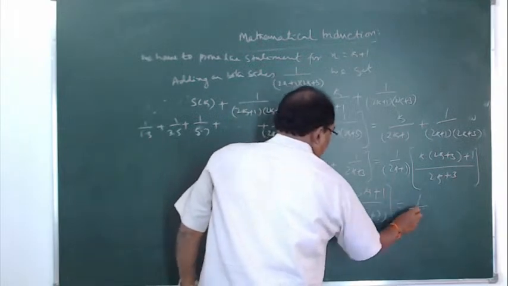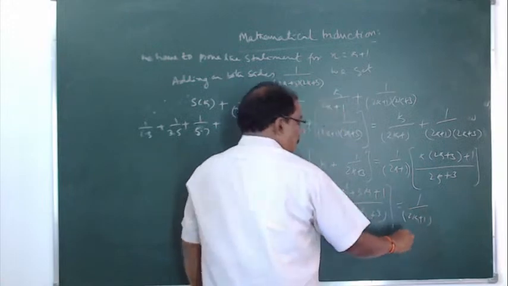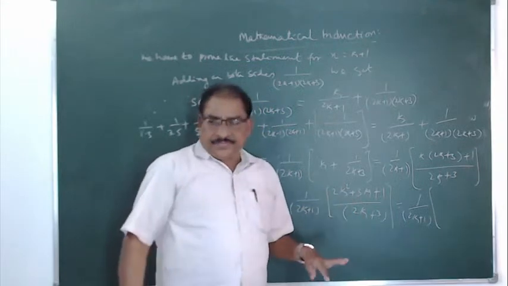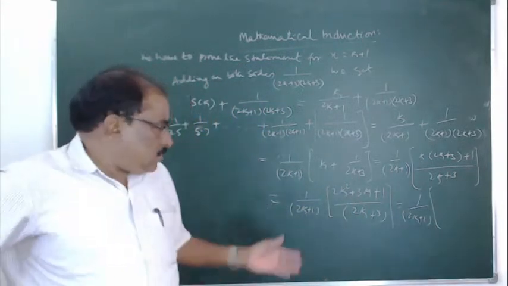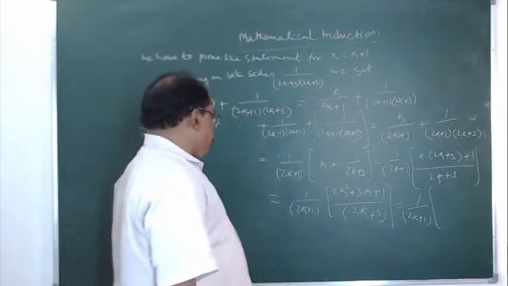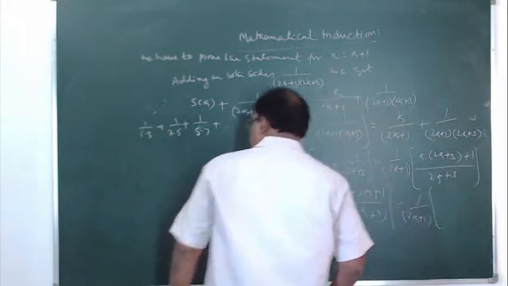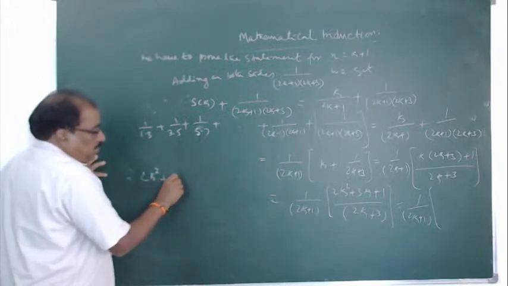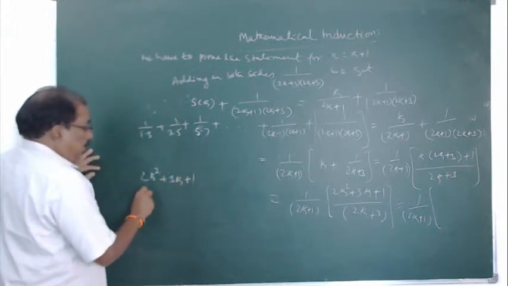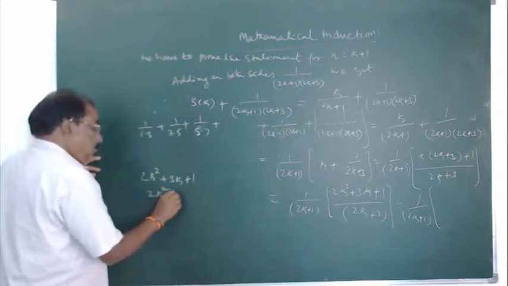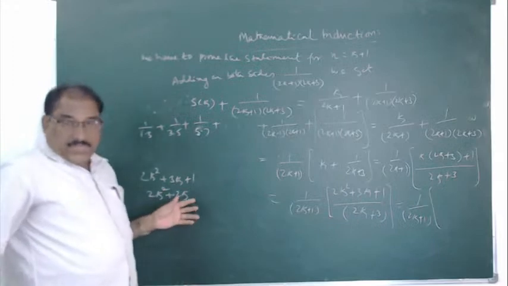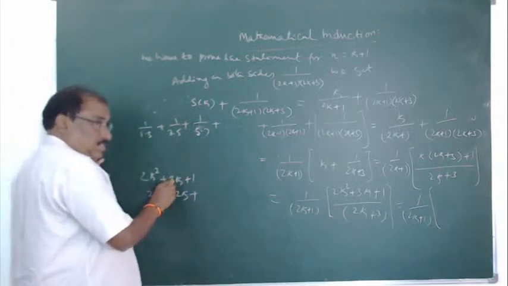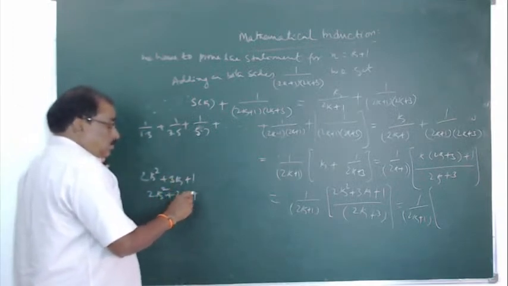This expression can be factorized. We can write 2k square plus 3k plus 1 by splitting 3k into 2k plus k.